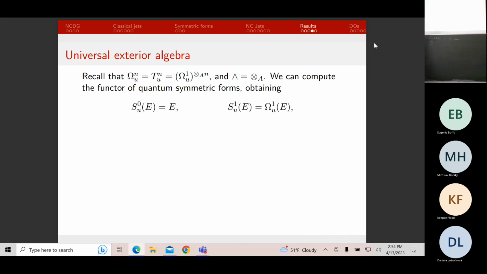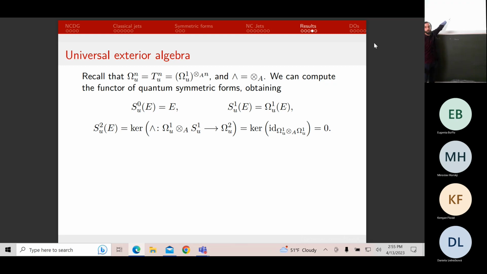So now we can compute the second grade, which is the kernel of the wedge, because S1 of U is just Omega 1 of U. For the wedge, we define the wedge to be the tensor product. So that's actually an identity map, and the kernel of the identity is 0. So already at degree 2, it vanishes.